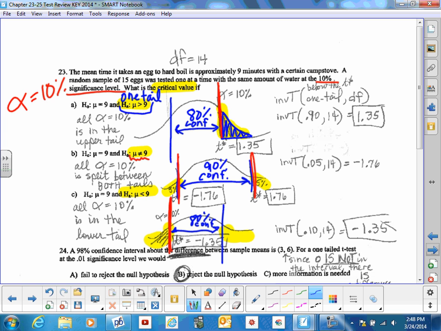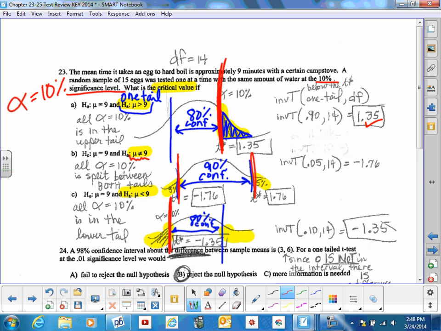Okay? So then to find this critical value right here, this t star, I'm going to inverse t of the area below, 0.9, with 14 degrees of freedom. And that's how I get my 1.35.